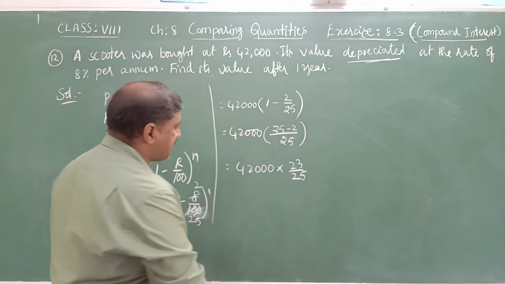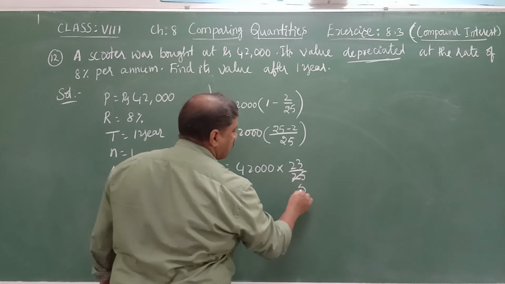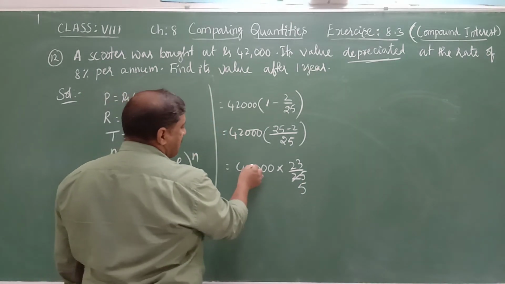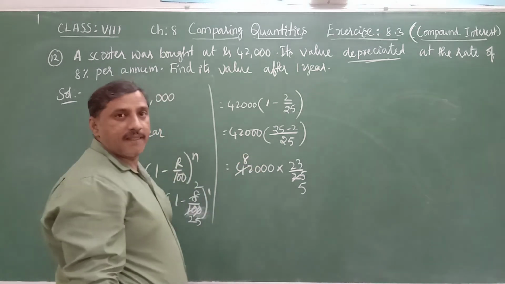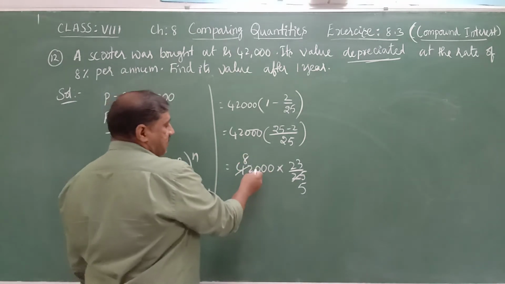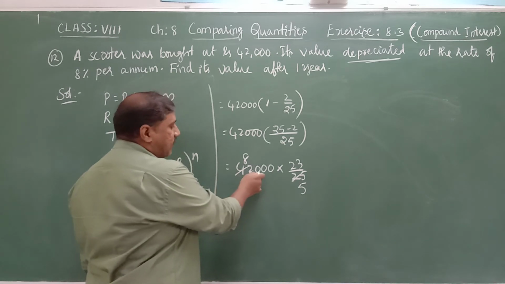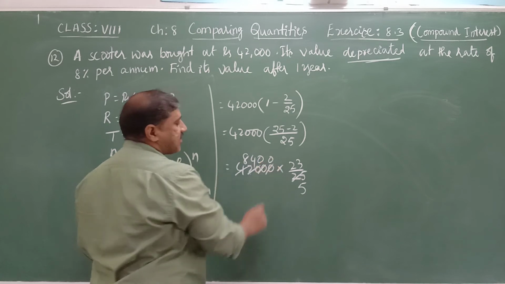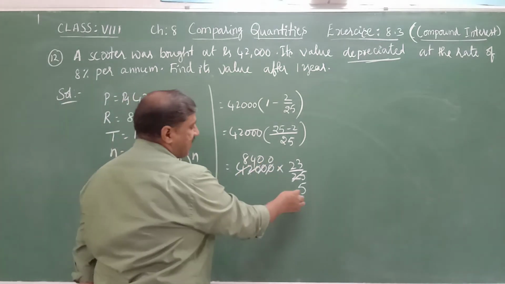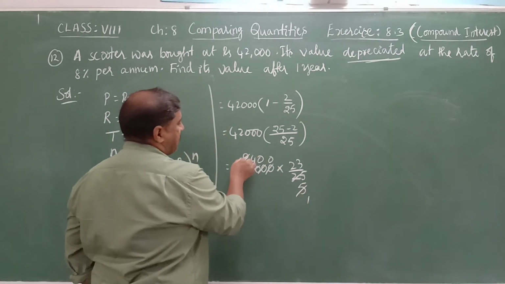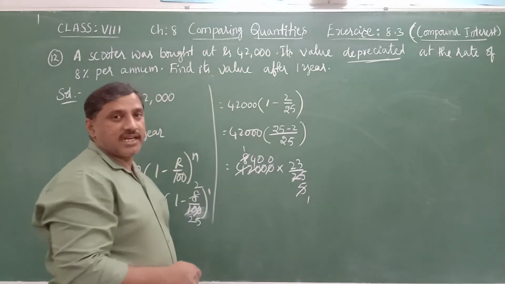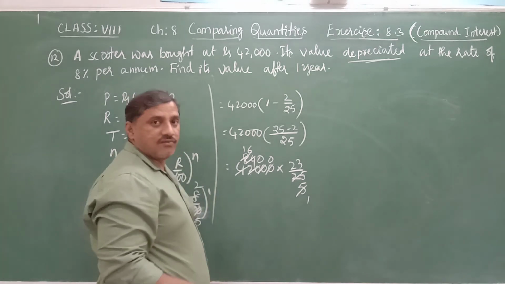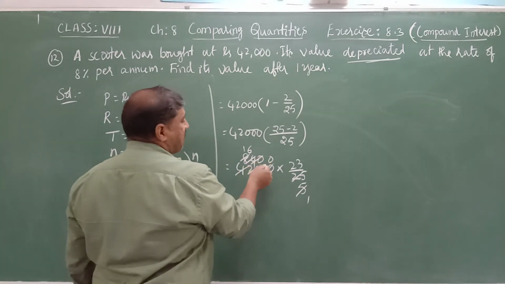Now simplify this. 5 5s are 25, 5 8s are 40, 42 minus 40 is 2, bring 0, 20, 5 4s are 20. Again it is divisible by 5, 5 1s are 5, 8 minus 5 is 3, bring 4, 34, 5 6s are 30, bring 0, 40, 5 8s are 40.